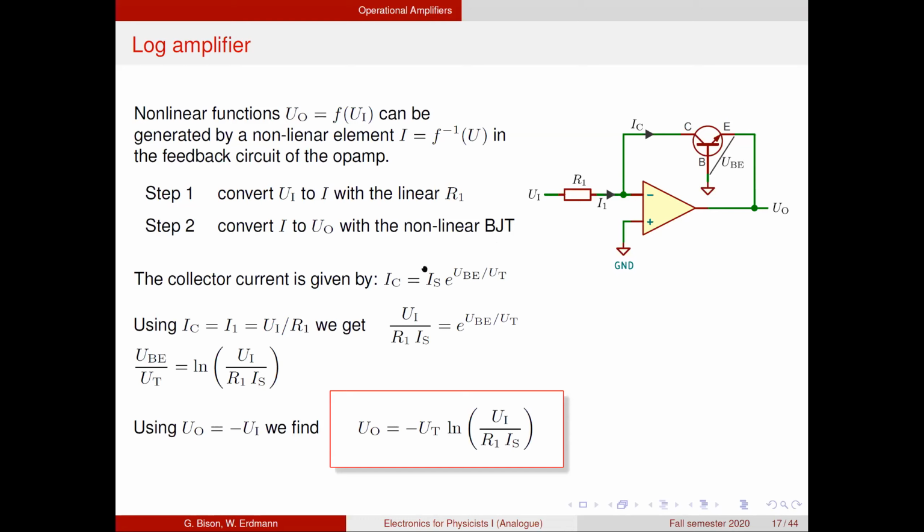So we use a simple transistor model for the collector current, and can then simply calculate that the input voltage has this relation to the exponential of the base emitter voltage of the transistor.